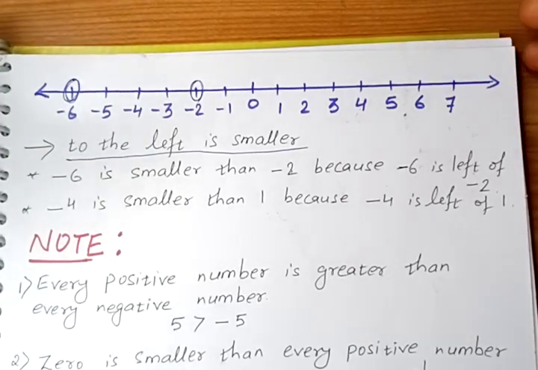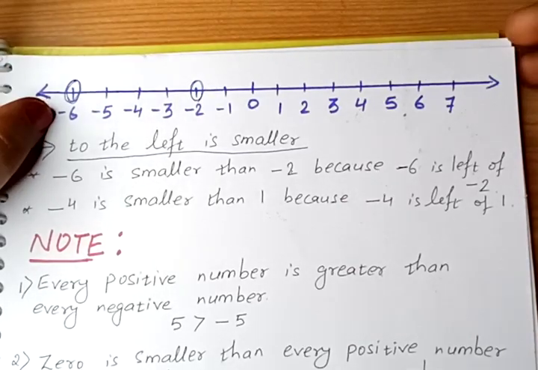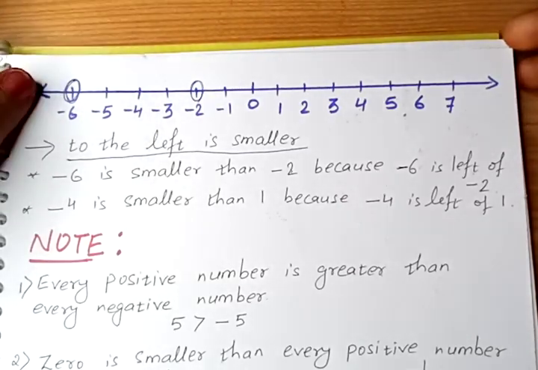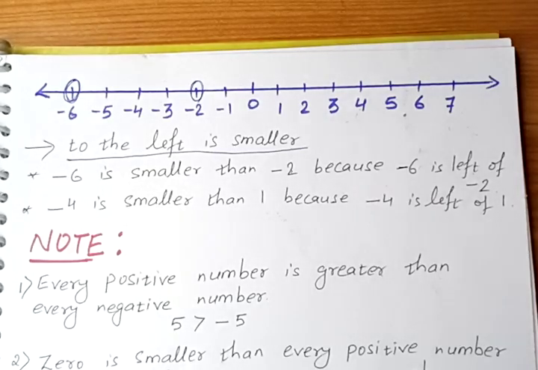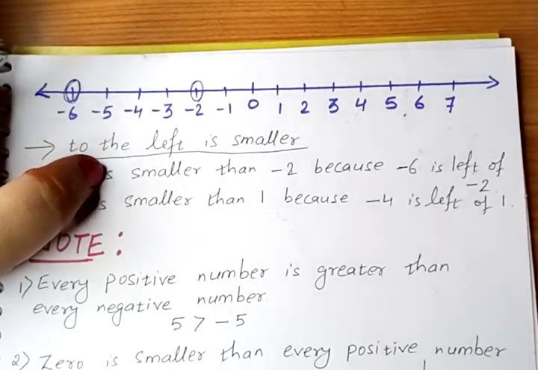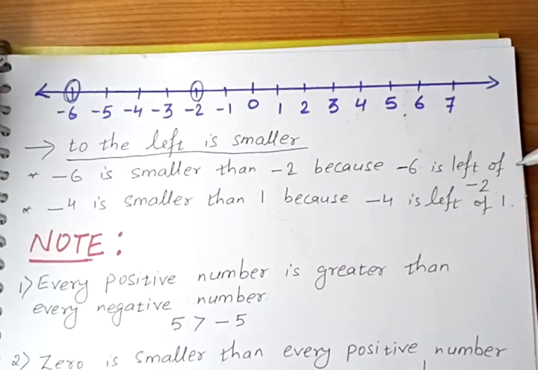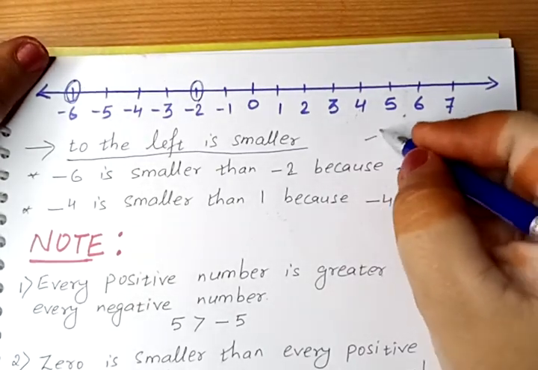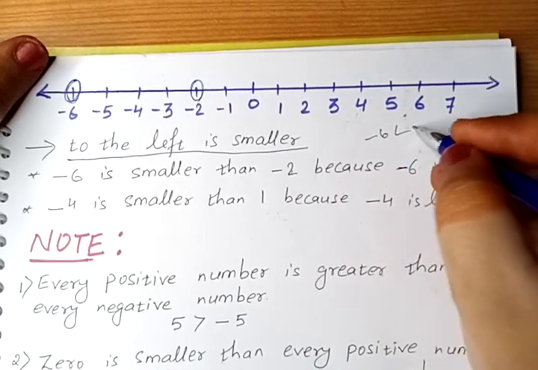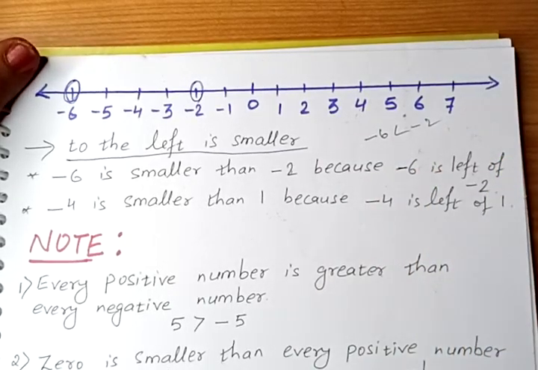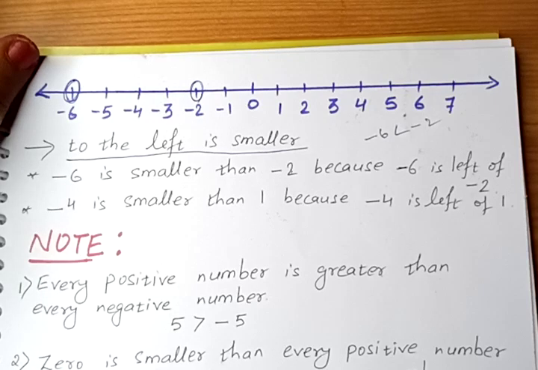Which is on the left side? -6. So as -6 is on the left side, -6 is smaller. Okay, -6 is smaller than -2 because -6 is left of -2. Okay, very simple. -6 is smaller than -2, or -2 is greater than -6.